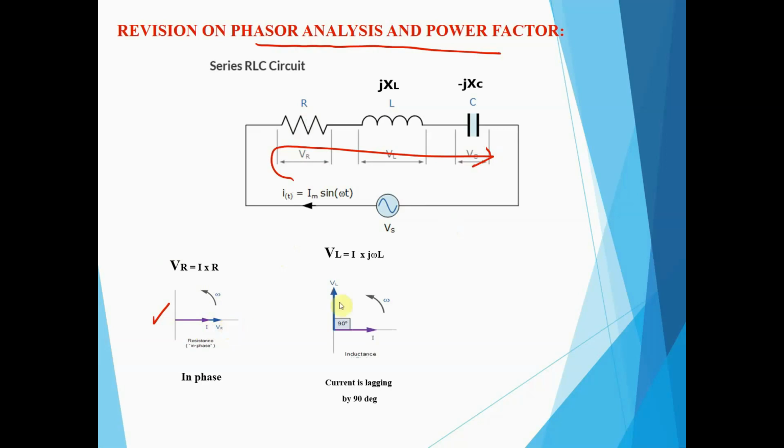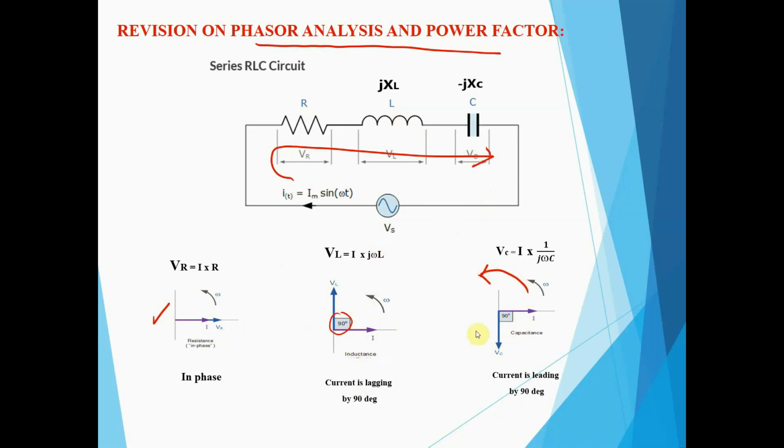Now, what about the inductor, which is this one? For the inductor, we can say that the current is lagging the voltage by an angle of 90 degrees, right? And in the case of the capacitor, the current is leading the voltage by an angle of 90 degrees because our phasor rotation is counterclockwise.